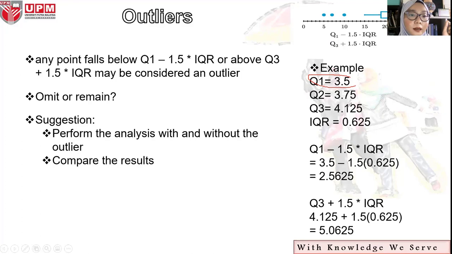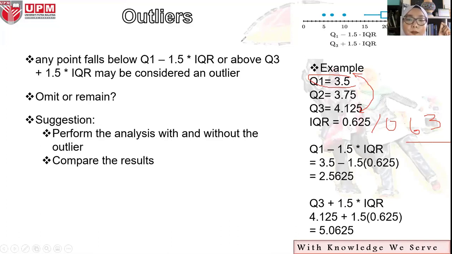First you need to calculate the interquartile range, so you just do Q3 minus Q1. You will get 0.625, or 0.63 if you use two decimal places.